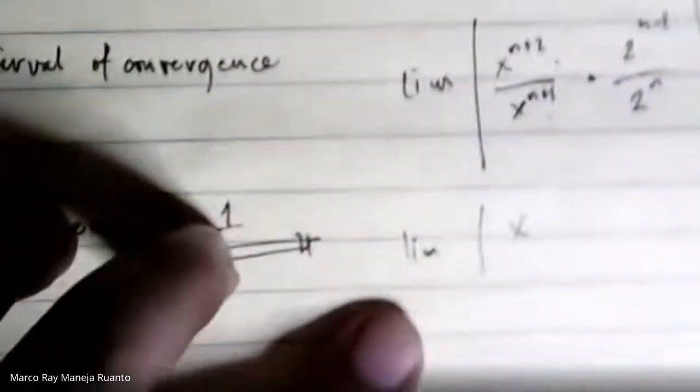So if we divide this by power rule, that becomes the limit of x. And this one, 2 to the power of n minus 1 over 2 to the power of n, mas dako si n, di ba?